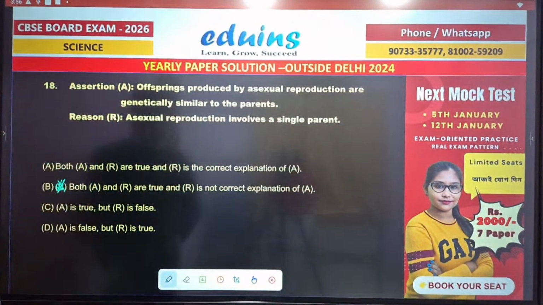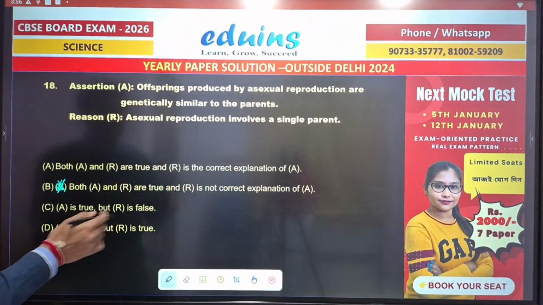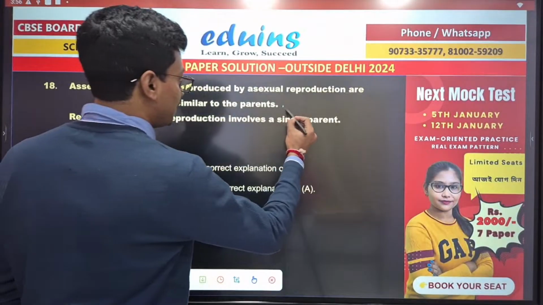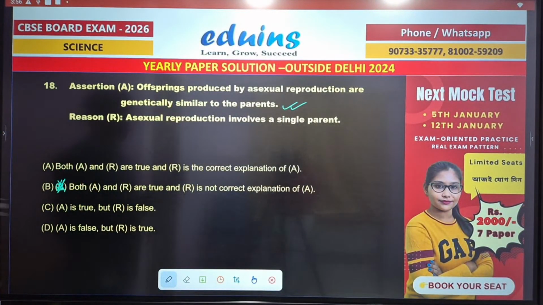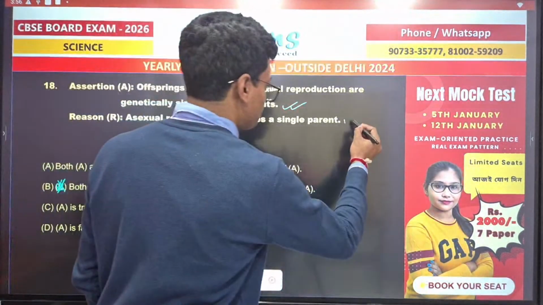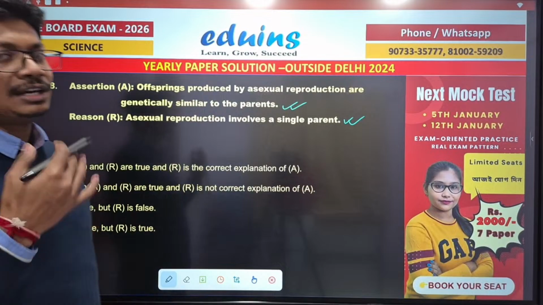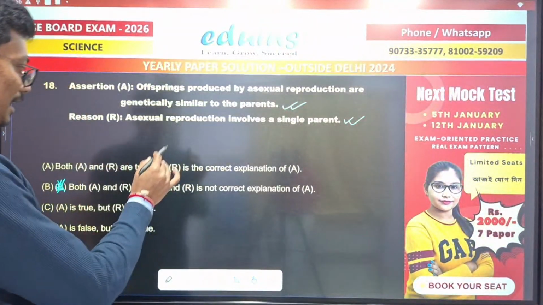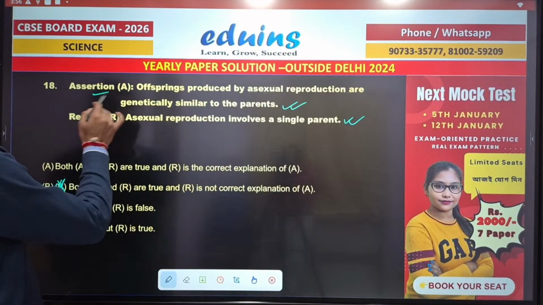Okay, what is in the assertion? Offsprings produced by asexual reproduction are genetically similar to their parents. This is true. And asexual reproduction involves a single parent. This is also true. So A and R both are true. Next, is R, the reason, the correct explanation of the assertion?